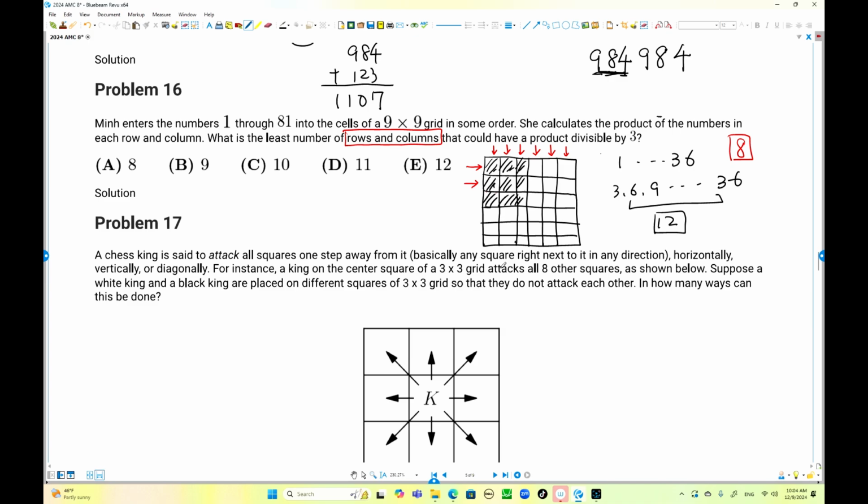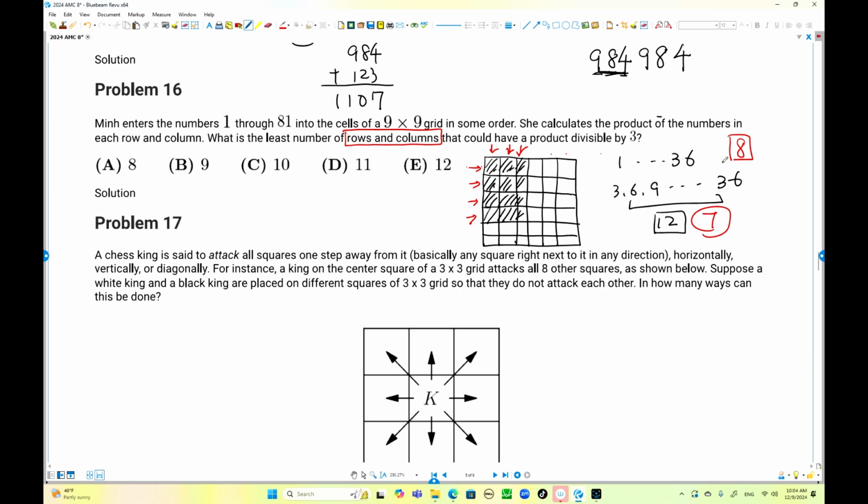The next number is what? 3 numbers left, you can use 3 numbers here. Now let's check: how many rows and columns are divisible by 3? 1, 2, 3, 4, 5, 6, 7. 7 is less than 8, one less. Is it okay?